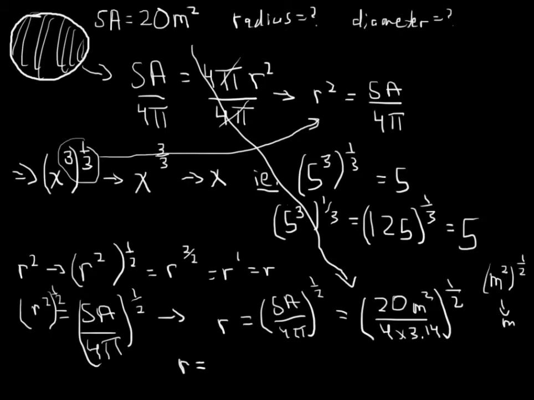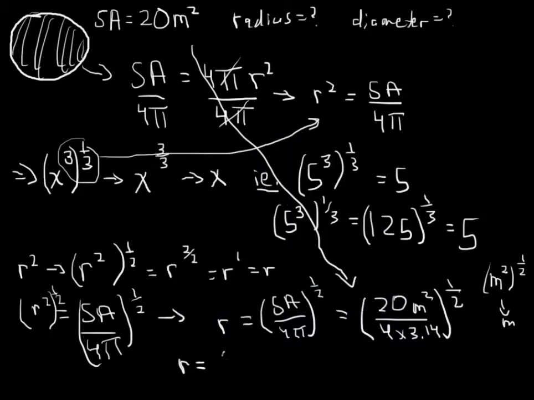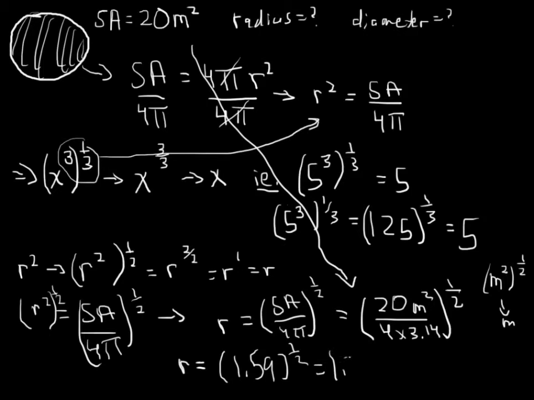So let's put that into our calculator. 20 divided by 4 times 3.14 is 1.59. 1.59 to the power of 1 over 2, also known as the square root, gives us 1.26 meters. So the radius is 1.26 meters.